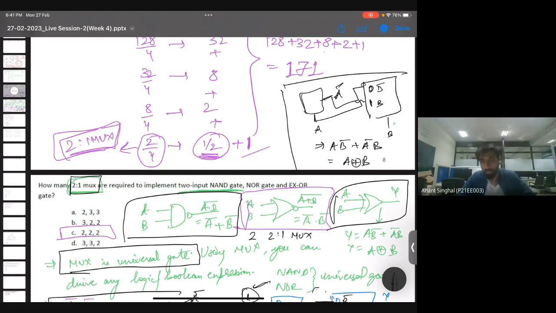Is it clear? Please respond if it is clear. Okay, so for XOR gate also we require two. So the correct answer was C only for this question.